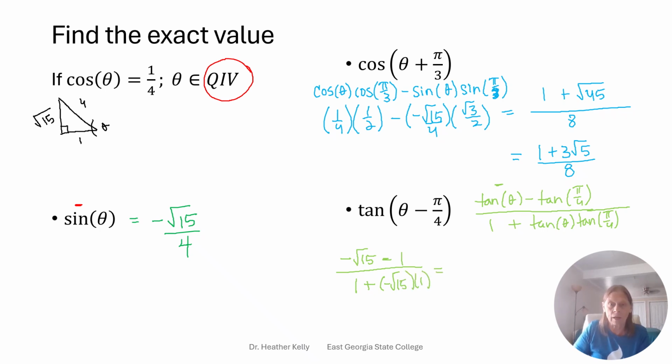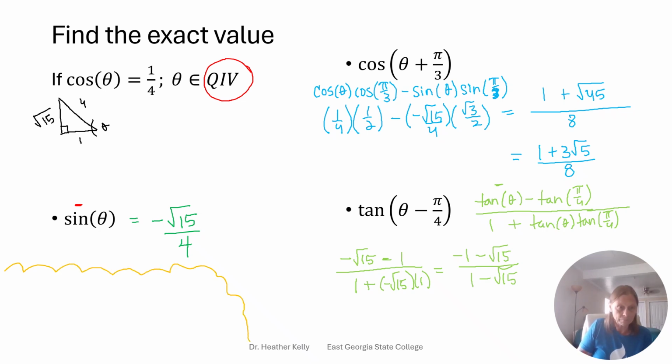I'm going to write it like this: negative 1 minus root 15 over 1 minus root 15. Now those seem very close, but they are not close. And we will have to take care of them the same way we did before. We've got to rationalize that guy.